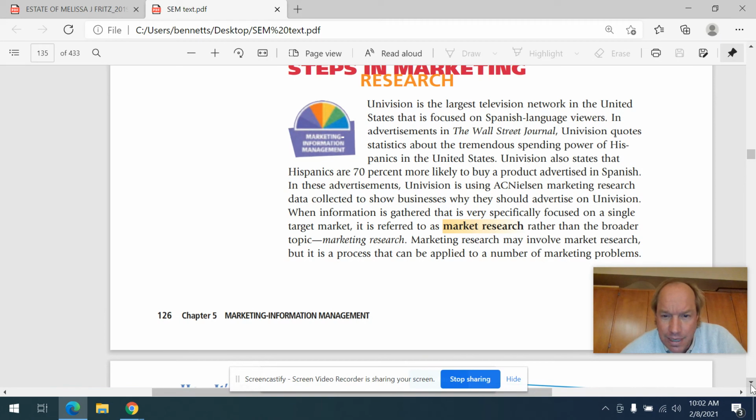When information is gathered that is very specifically focused on a single target market, it is referred to as market research rather than the broader topic, marketing research. Marketing research may involve market research, but it is a process that can be applied to a number of marketing problems.